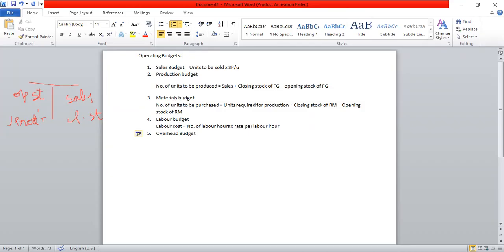Overheads are indirect expenses incurred at the factory for production purposes, at administration, and at selling and distribution level.